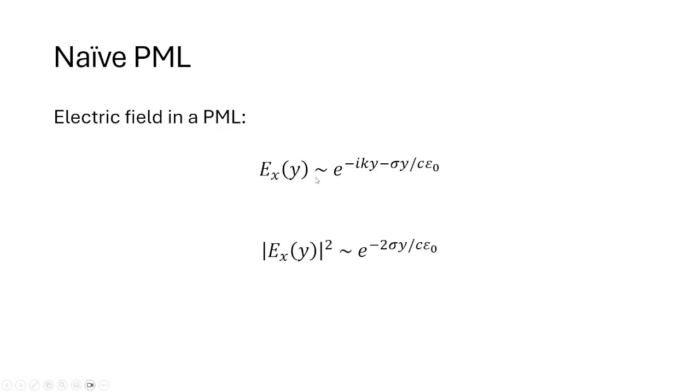And if we want to look at the electric field intensity, we get rid of the complex exponential, and now we just have this decaying exponential. So because of this sigma, because of the perfectly matched layer conductivity, as the electric field travels in the y direction, it's going to decay exponentially.